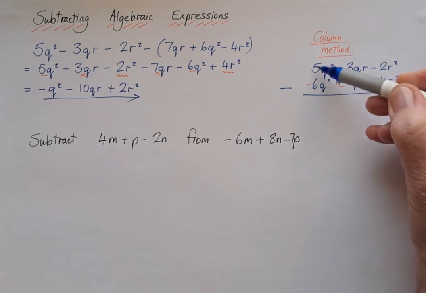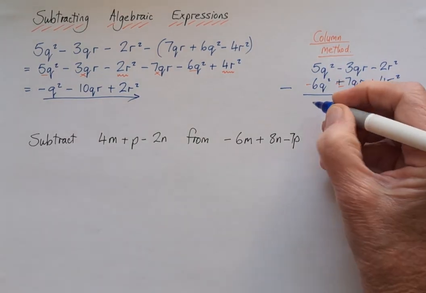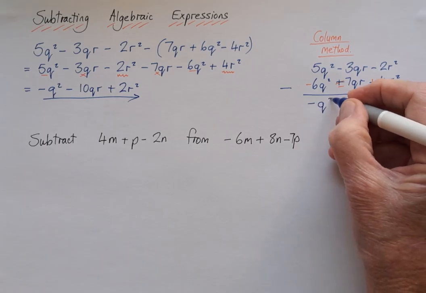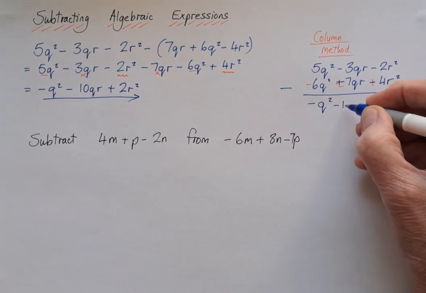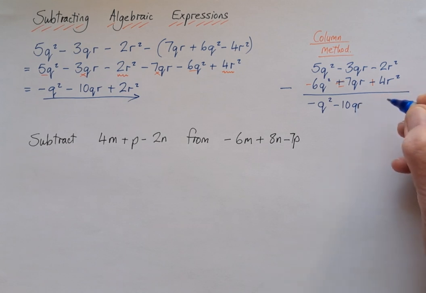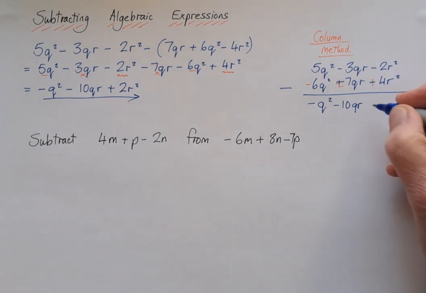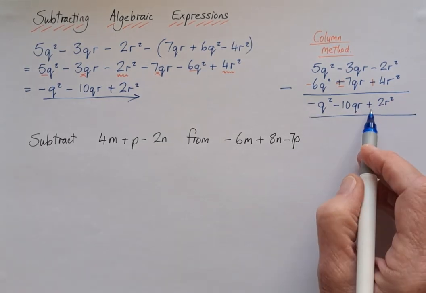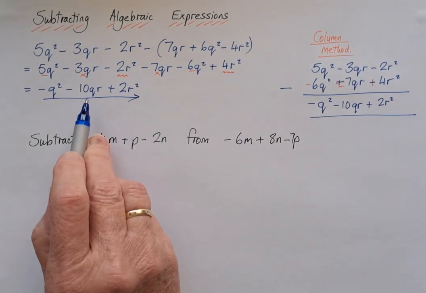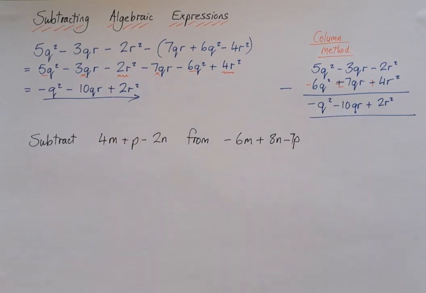So I've got positive 5 minus 6 gives me negative 1q squared. Negative 3 minus 7 is giving me negative 10QR. And negative 2 plus 4 is giving me positive 2r squared. And as you can see, that answer is exactly the same as that answer. Both are mathematically correct methods. It just depends on what you're being asked to do.